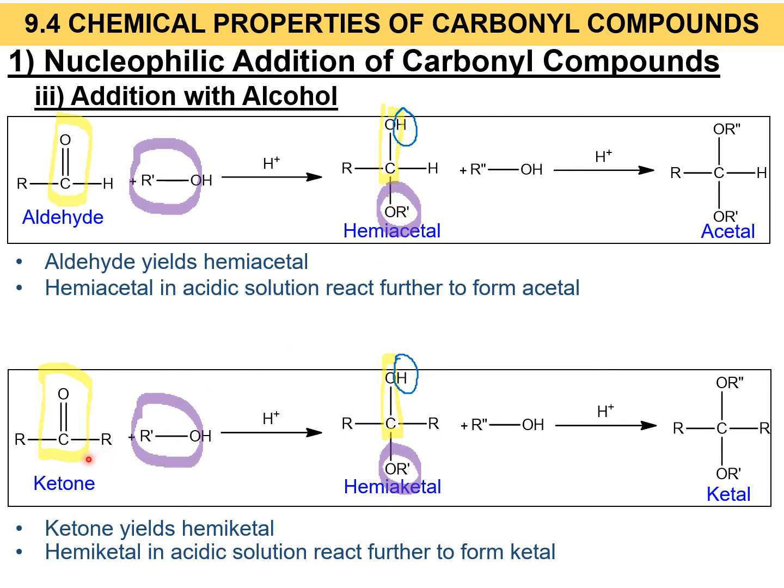Manakala ketone pula, bila dia buat nucleophilic addition dengan alkohol, dia akan dapat nama dia hemiketal organic compound. Okay, tapi kalau kita reactkan further hemiacetal ke with alcohol in the presence of H+, apa yang akan berlaku adalah, okay, daripada H ni kita just tukar kepada alkyl group sahaja.